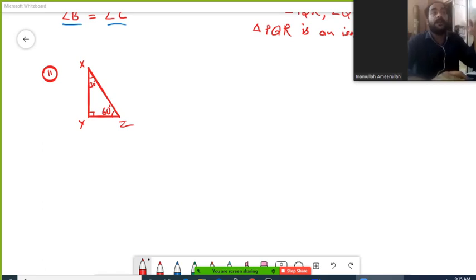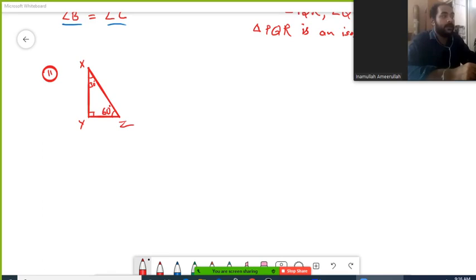We have the 30, 60, 90 theorem also, which we can use in order to find missing sides. We will discuss later what the difference is between those two theorems which you can apply on this triangle, and why we have the 30, 60, 90 theorem and why we have the Pythagoras theorem. But before that, I'll tell you what this 30, 60, 90 theorem says.